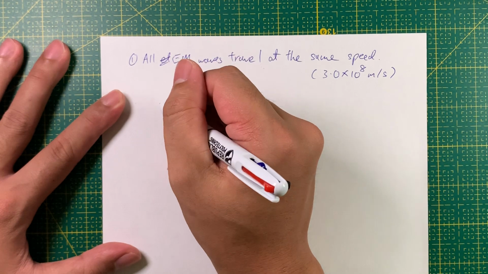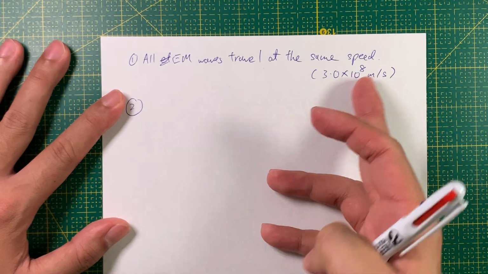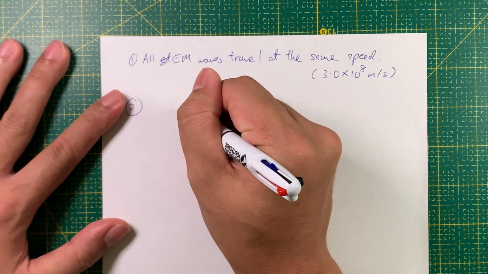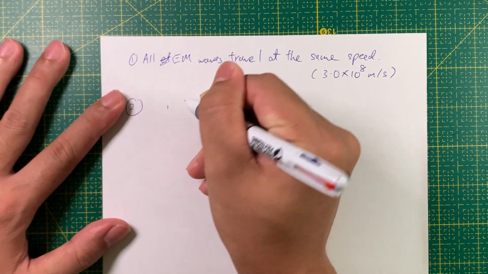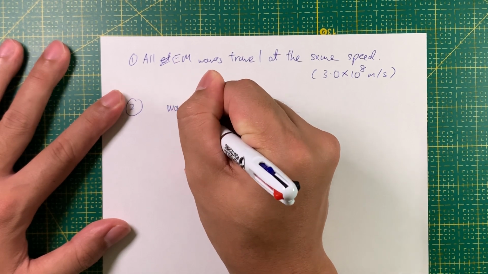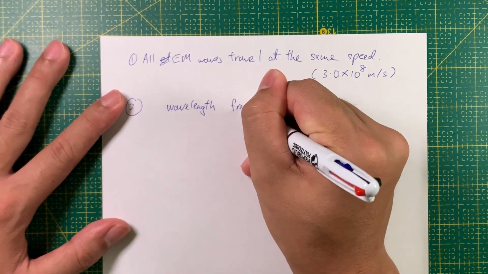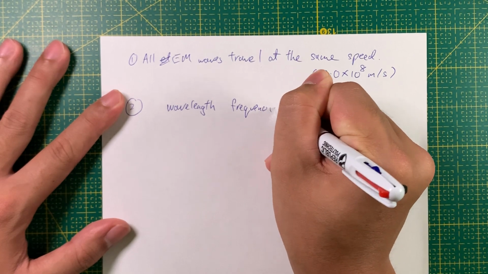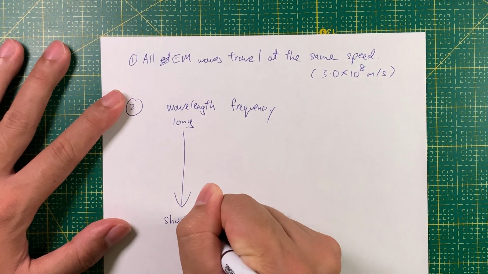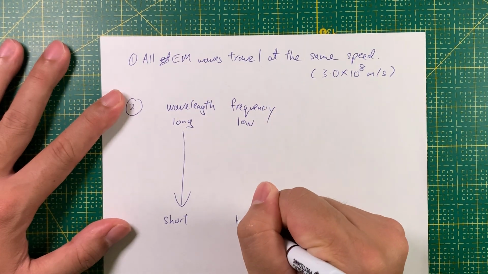The second thing is there is a relationship between the speed, the frequency, and the wavelength. To help you remember, I shall put wavelength here, and frequency here. Wavelength goes long to short, frequency goes low to high.